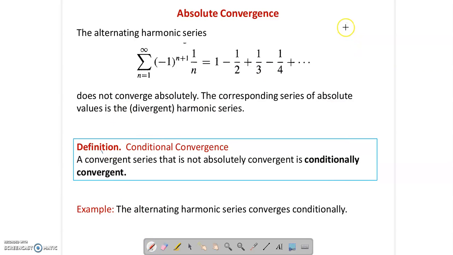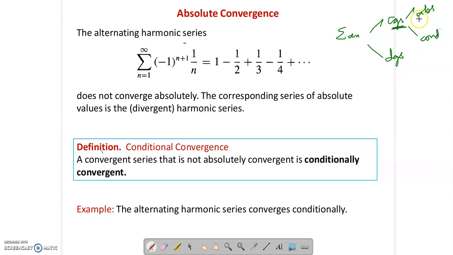Okay, so you have this series. Till now we did two cases, that either this series converges or this series diverges. Now we have considered two further cases. If this series converges, then does it converge absolutely or conditionally?